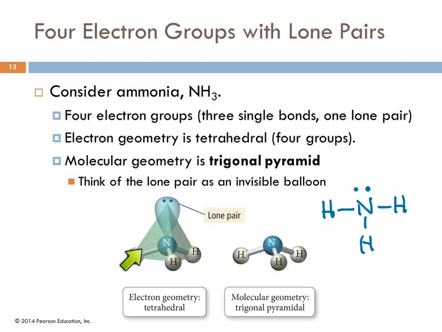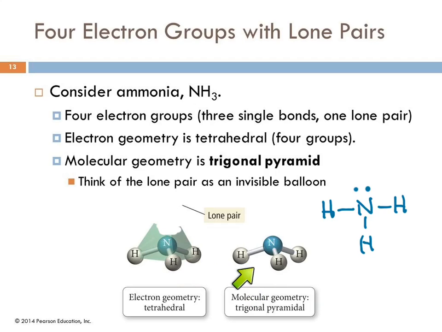That's the electron geometry. It's tetrahedral. To find the molecular geometry, we're going to say, oh, but this doesn't have an atom at the end. We're only taking pictures of the atoms. So this guy's invisible. If that guy's invisible, what do we have left? We've got this guy.